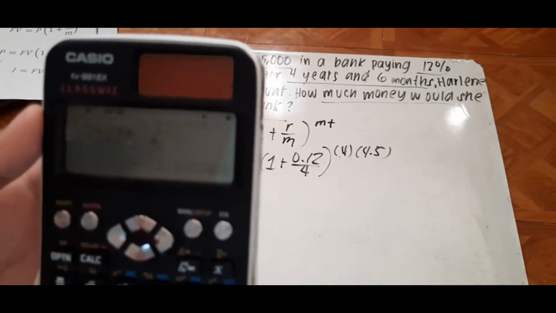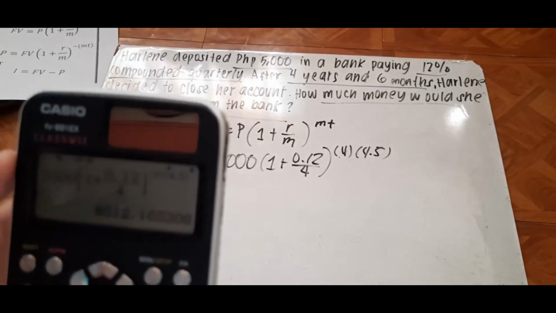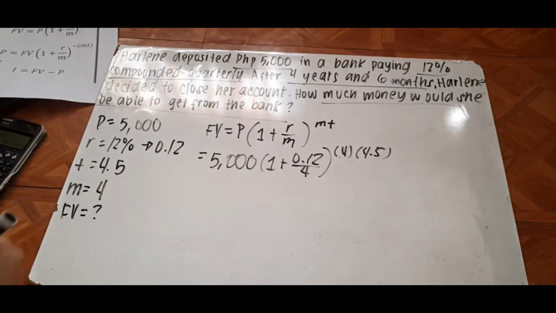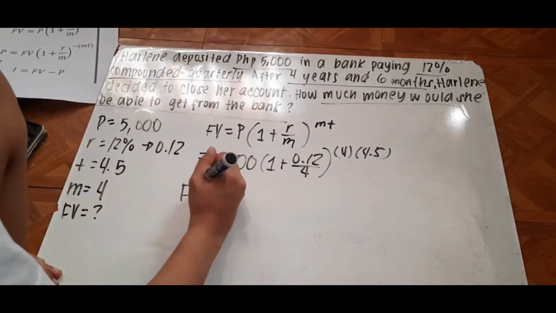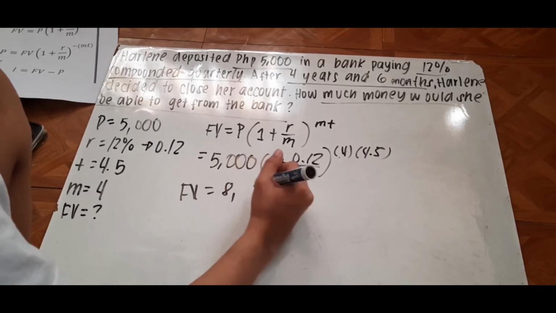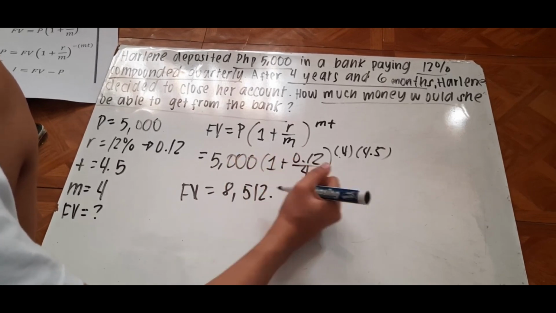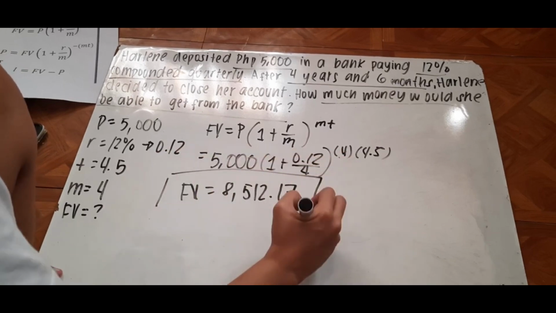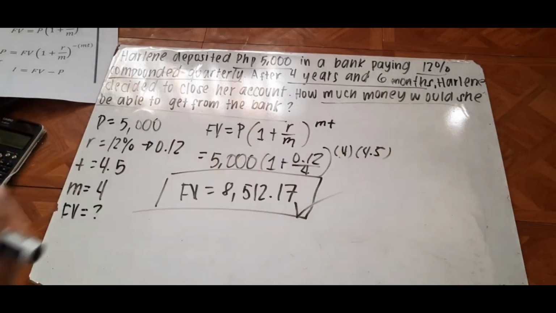So here's the answer. It will be 8,512.17. So the final answer, or the future value, would be 8,512.17. And this is the final answer.